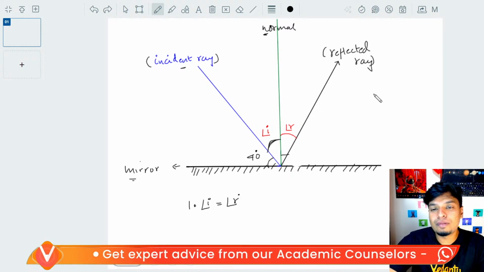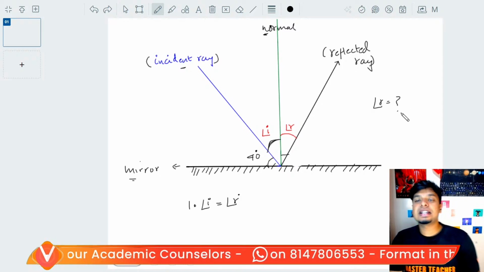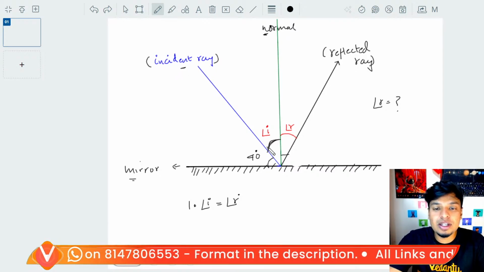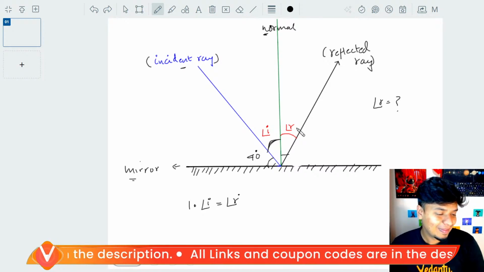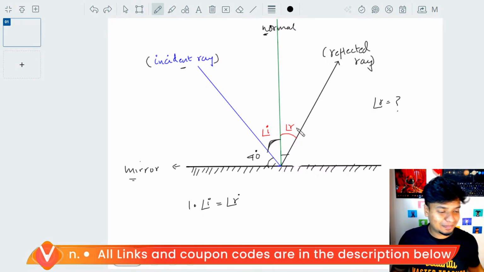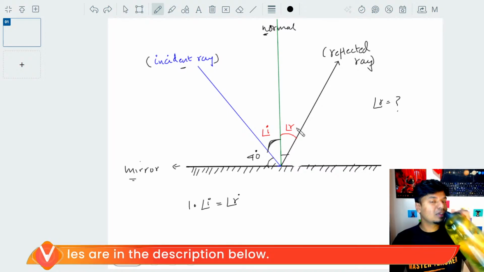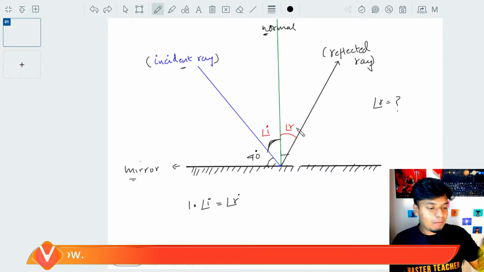Find the angle of reflection. Quickly, let's see who can solve this. The angle between the incident ray and the mirror is 40 degrees. Now find the angle of reflection. Quick people, quick. What is the angle of reflection?